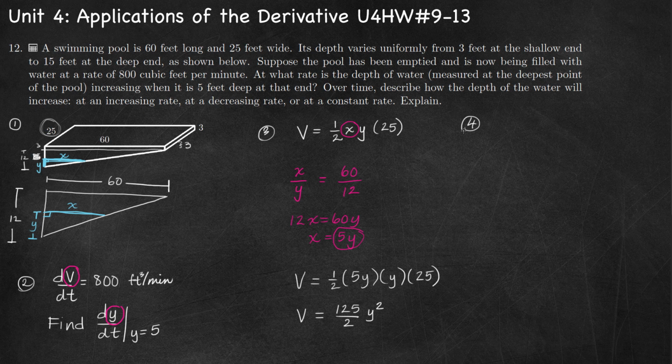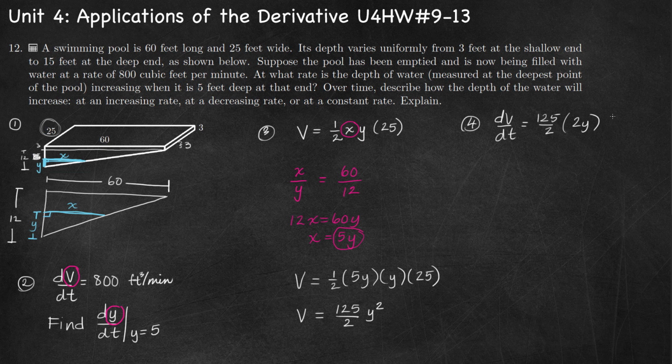So step 4, I want to take the derivative of both sides using implicit differentiation. We're finding our derivative with respect to time t. The derivative of v with respect to t is dv dt. The derivative of 125 over 2 y squared, I'm going to use my constant multiplier rule and my power rule. So it'll be 125 over 2 times 2y, but that's the derivative with respect to y.